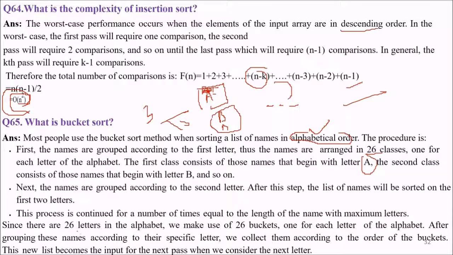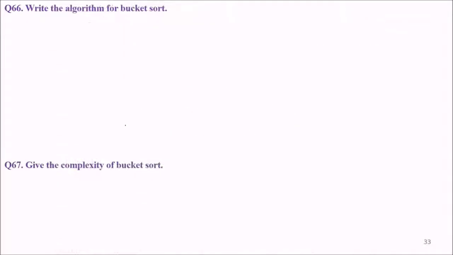And since there are 26 letters in the alphabet, we make use of 26 buckets, one for each letter of the alphabet. After grouping the names according to their specific letter, we collect them according to the order of the buckets. So this new list becomes the input for the next pass when we consider the next letter. After all these passes, the strings will be in sorted order.